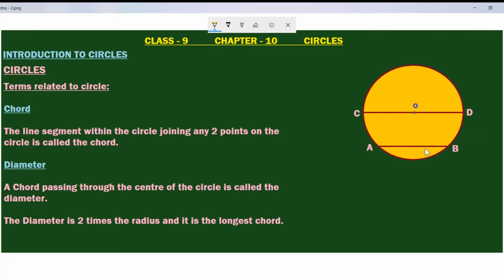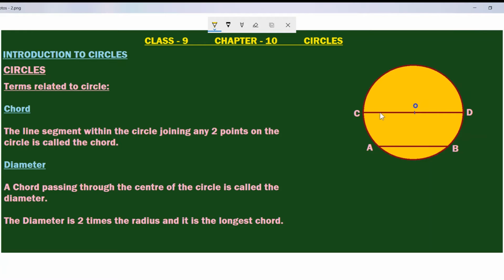Point A lies on the circle and point B also lies on the circle. If you take any two points on the circle and join them, you will get a chord of the circle. So here I have taken point A and point B and joined them. I have drawn a line from A to B so that I have got a chord AB. So this is the chord.